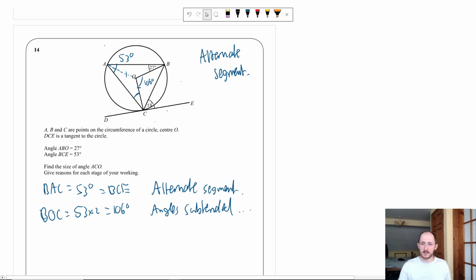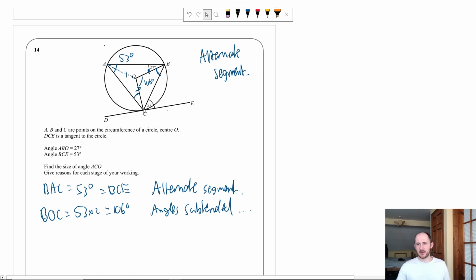And the reason why I'm doing this is because these 2 sides are also the same. OC is equal to OB, which means I can work out what this angle is, which means I know what the total angle is, which means I know what this angle is, which is I can do 90 minus it.